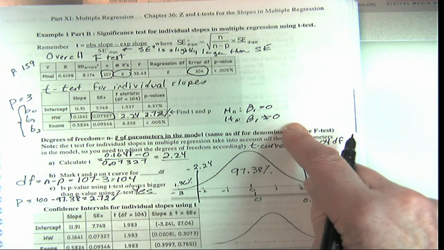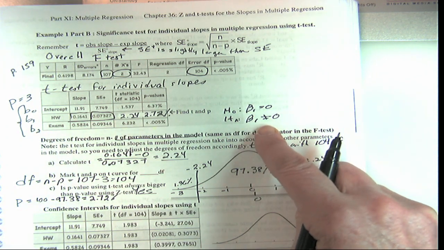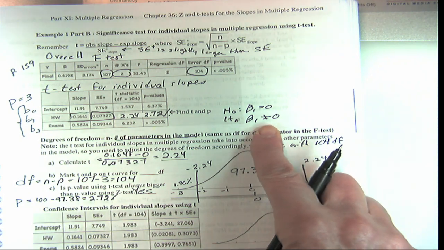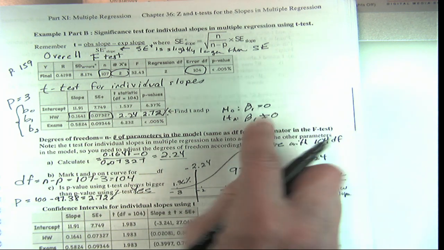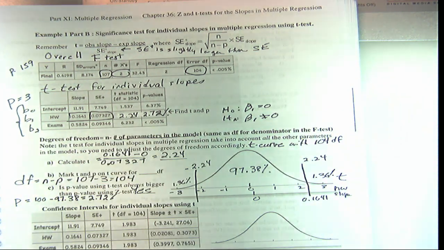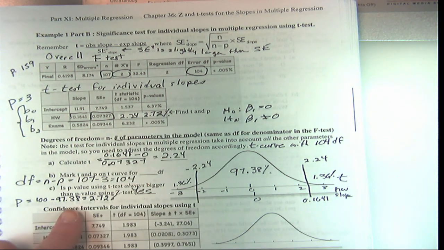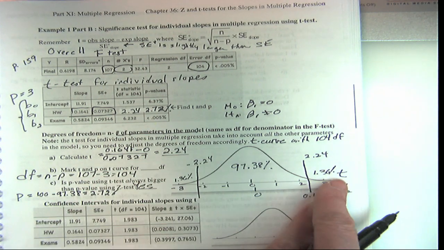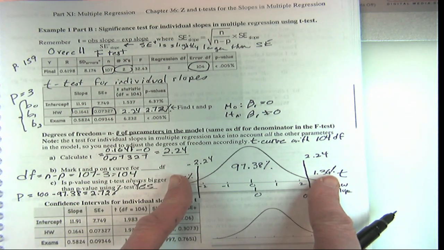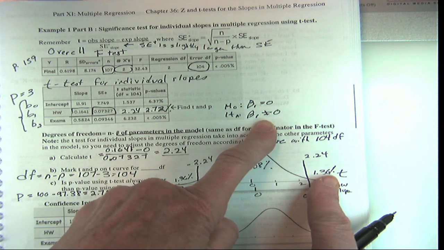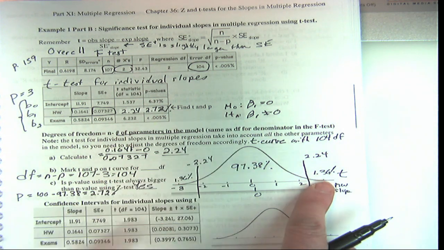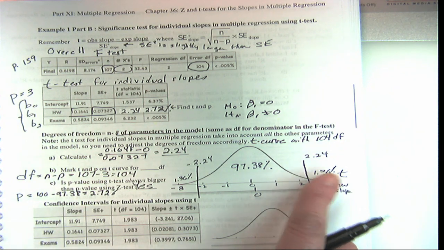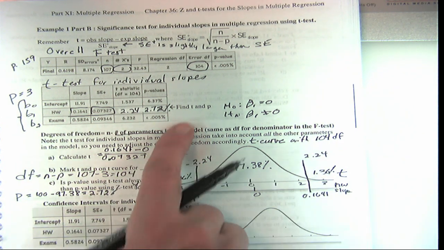It would make a lot of sense to say it's greater than 0, because you would think that doing the homework helps you on the final. I think I could easily change it to that. With the individual slopes, remember, you can get a positive or a negative. We get a positive. We could fall on this side or this side. So we can make a directional alternative and have a one-tailed t, in which case we'd have 1.36, a smaller p-value.